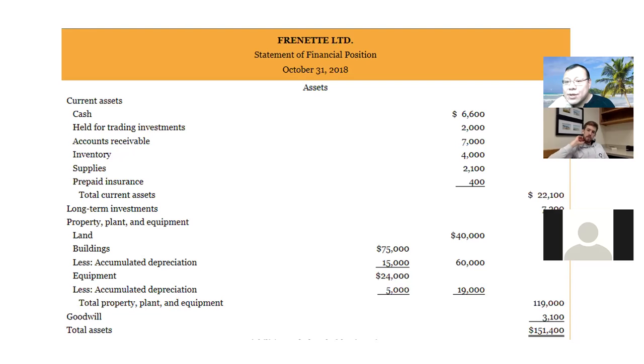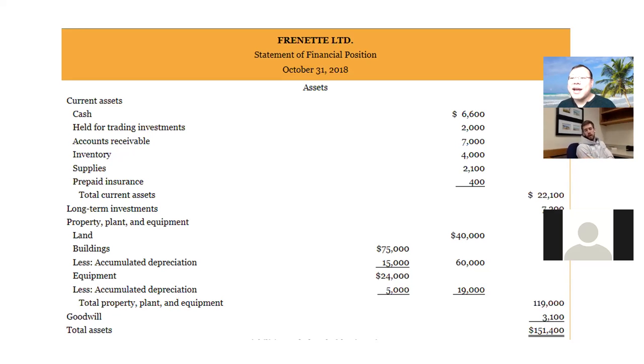Basically, you have a new building, and over time, as you use it, the building gets older and older, and the value of the building will decline. So there is a cost of using the building to generate whatever economic benefit you realize for the company. So how are we going to recognize that? We use something called depreciation expense.